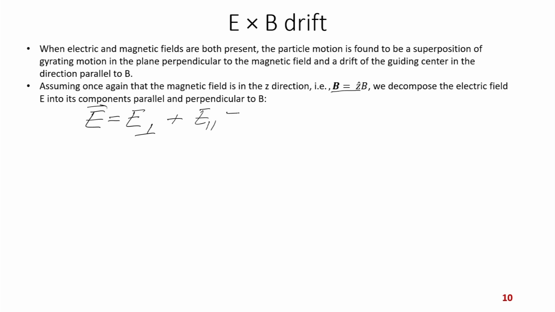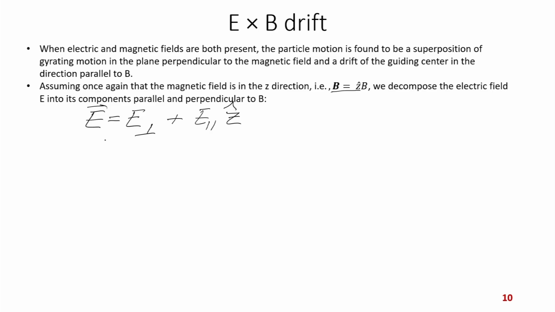E parallel means parallel to the magnetic field. So, we are writing the E field as a perpendicular component as well as a parallel component.